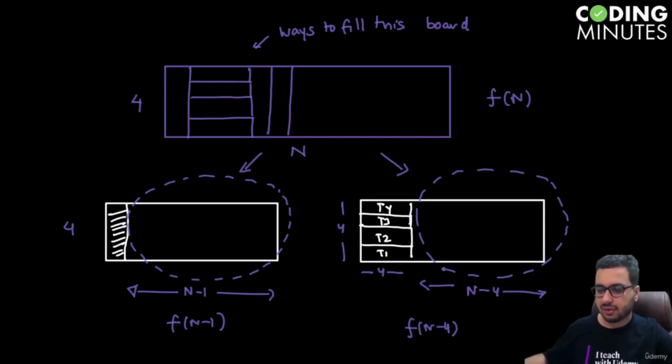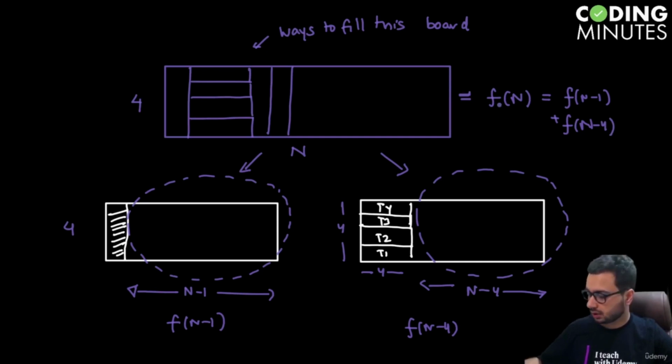So f of n is nothing but the sum of these two options, that is f of n minus 1 plus f of n minus 4. That makes sense. That is the recurrence that you can easily code up to find out in how many ways the board can be filled.